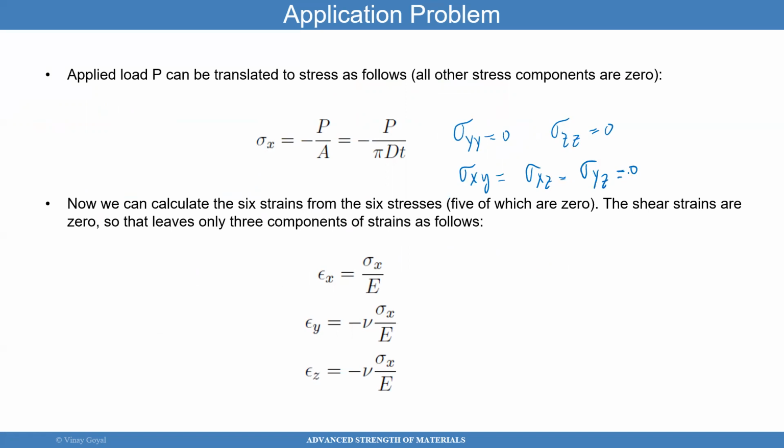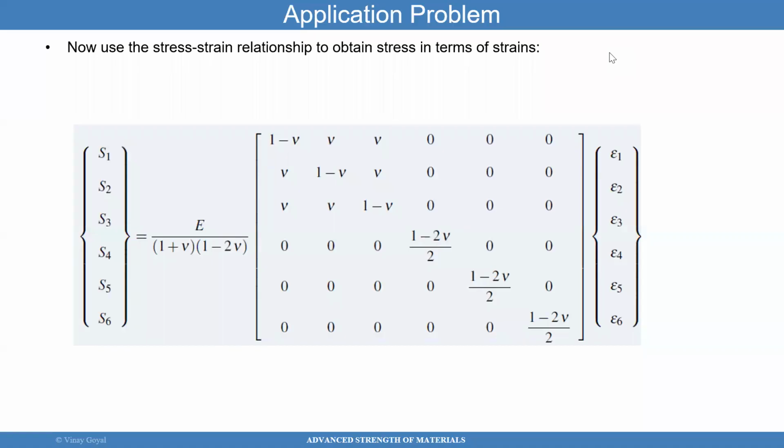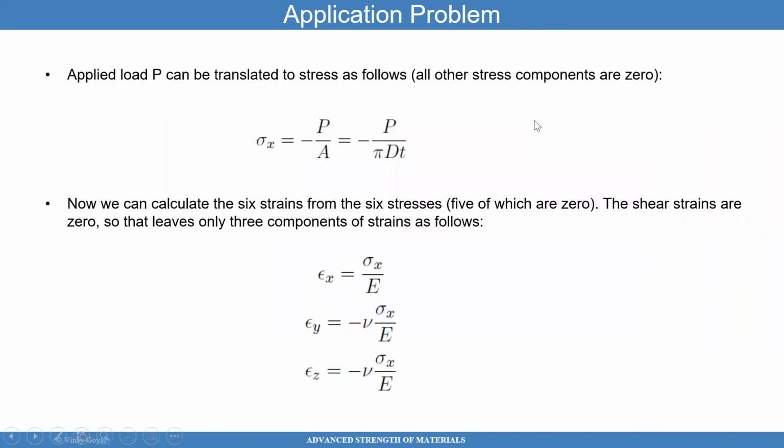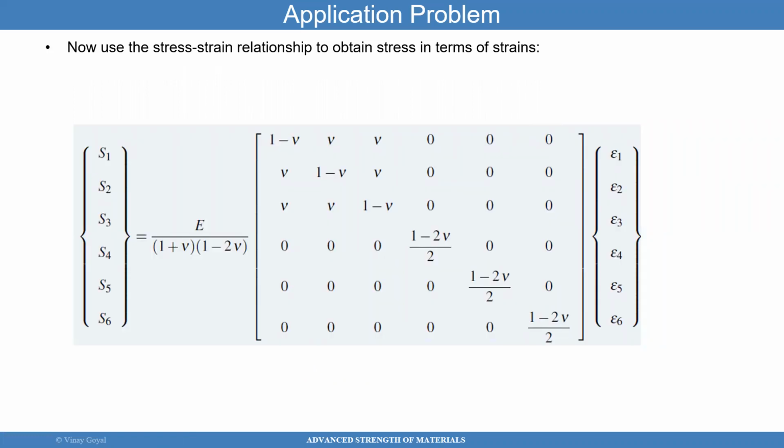So because of that, I can use the constitutive law, right? And so what is the constitutive law? So let's look at that. I know that all the other stresses are 0. This is the only one that's non-zero, and that's going to be equal to P divided by pi dt, but these other ones are 0.